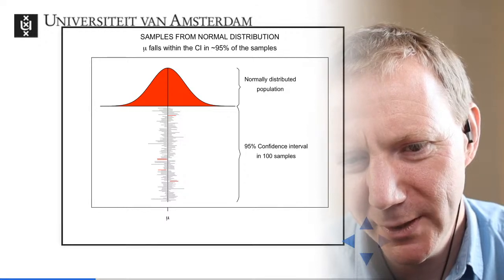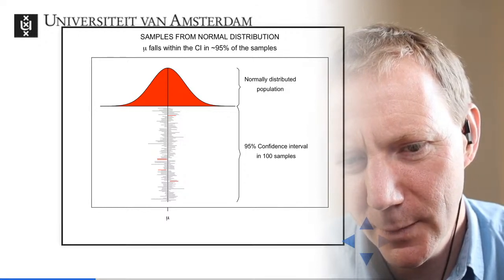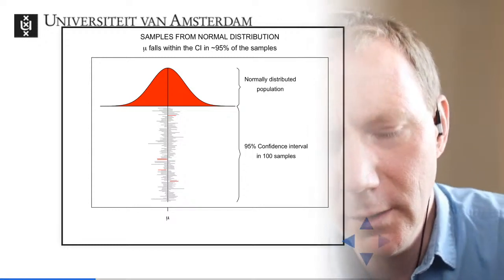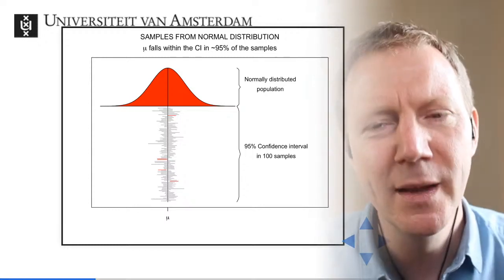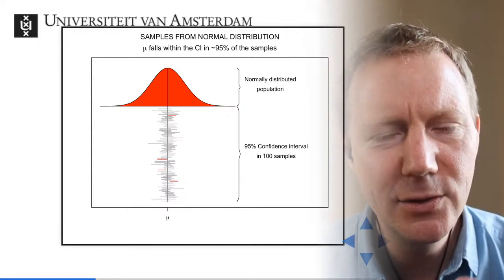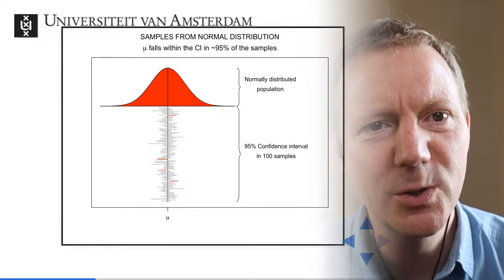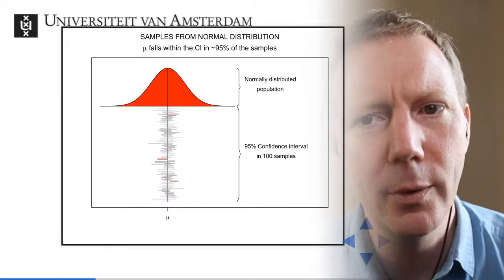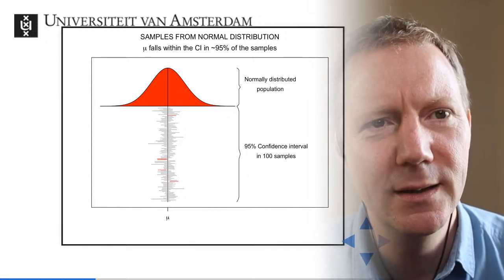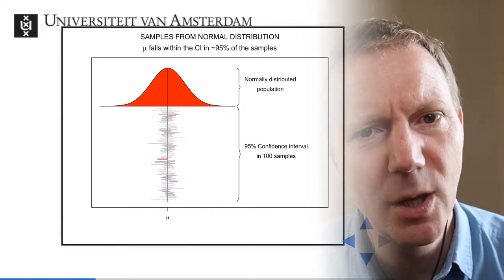So there's a question: why do we calculate the upper and lower bounds? You calculate them, and you can still say that in 95% of the time it falls between the lower bounds and the upper bounds, but not specifically this one. It gives you some confidence.